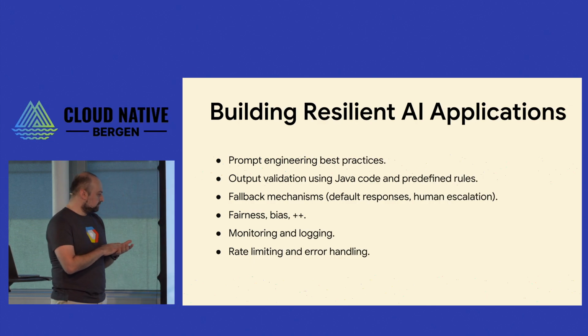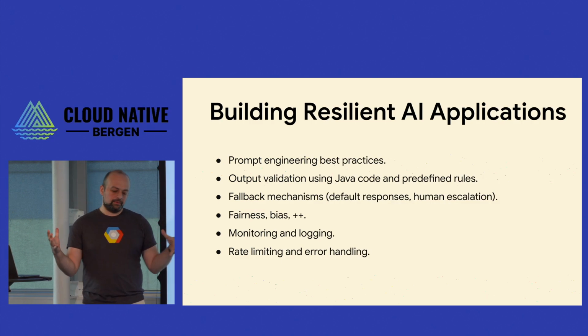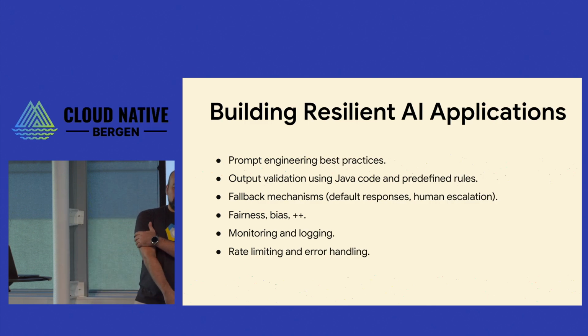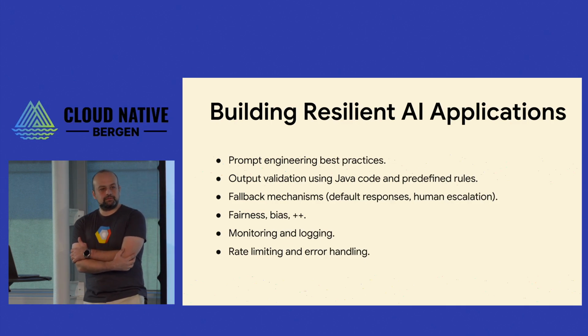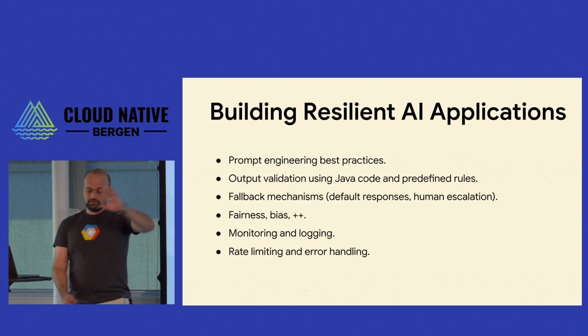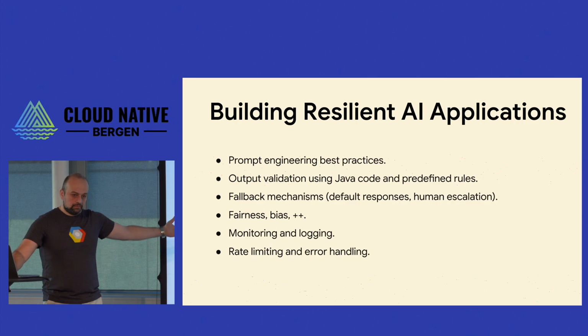Rate limiting, error handling, all these kinds of things, they still apply. You still have to do that. You don't want your systems to get basically DDoSed because somebody asked to print the first 300,000 million billion characters of pi, right? It will do it. If you ask it, it will just go, if there are no limits on the model, right? You want to be able to handle those kinds of cases as well.